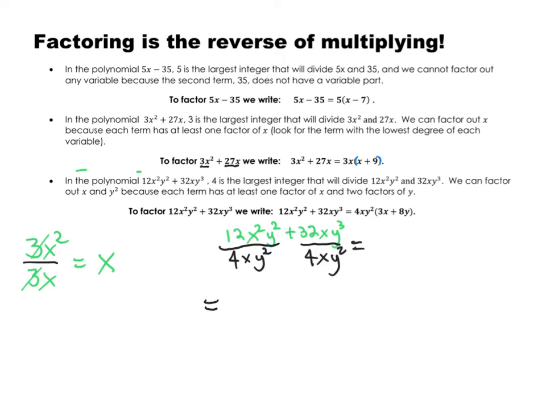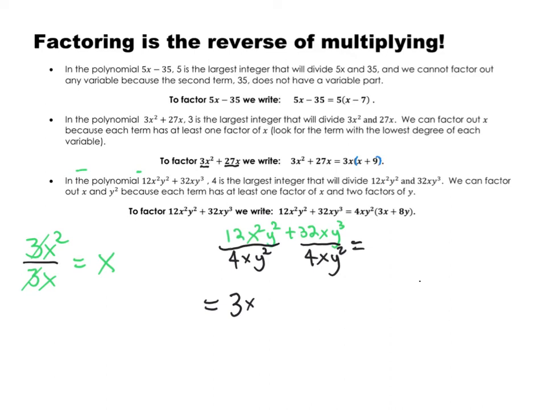So we get the 3, and just like we stated earlier, when you simplify these exponents, these same bases, you subtract the exponents. So 2 minus 1 is going to leave me just with x. And then we have y squared divided by y squared. These are going to cancel each other out. So we no longer have a y term.